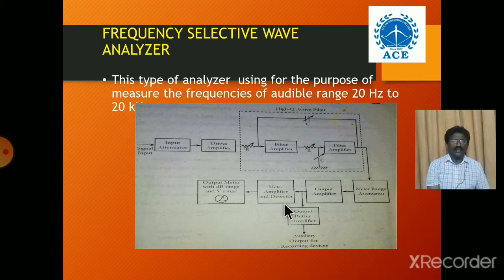The final amplifier supplies the selected frequency, the output of the high Q filter, to the meter. You can observe here this is the meter.